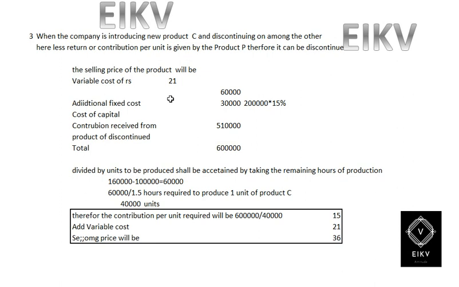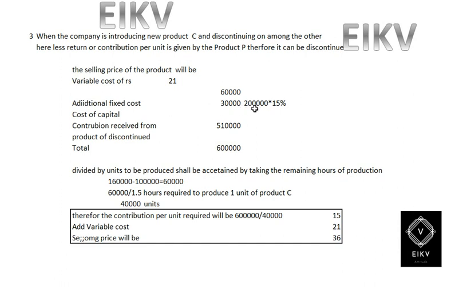Let's keep that apart. Then we will take additional fixed cost. Additional fixed cost would be 30,000. That is the additional return on additional capital employed. The additional capital employed is 50 lakh into 2 lakh.